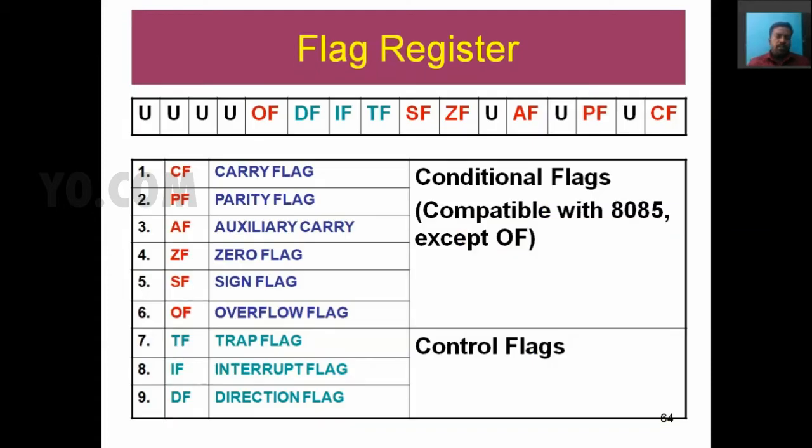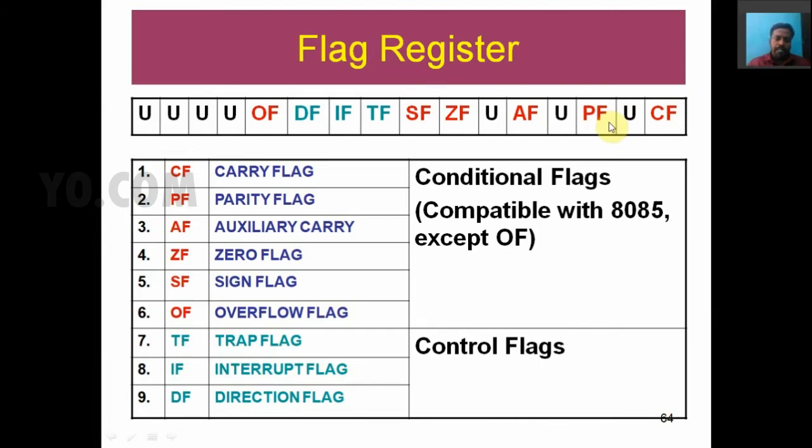Okay, right. So what is the register? This is a 16-bit register. Here U represents undefined. The black color U represents undefined. Okay, we will see one by one. The first flag is CF. CF means carry flag. And the second flag is PF.